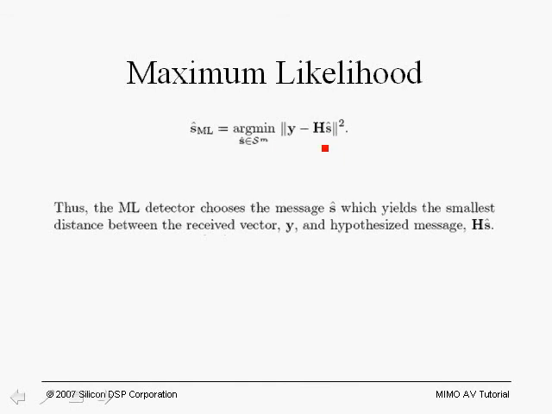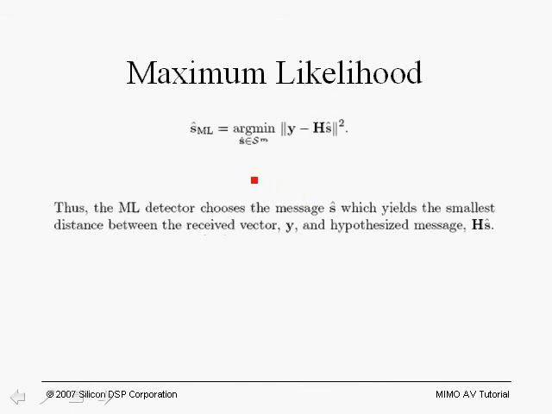If we calculate this distance for all possible messages S, and then pick the S for which this distance is the minimum, that will yield the message S ML, which is the desired result for the maximum likelihood decoder.